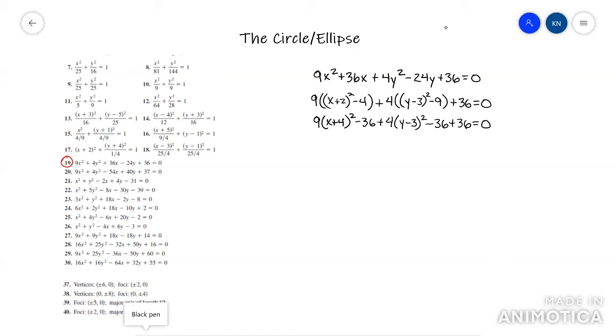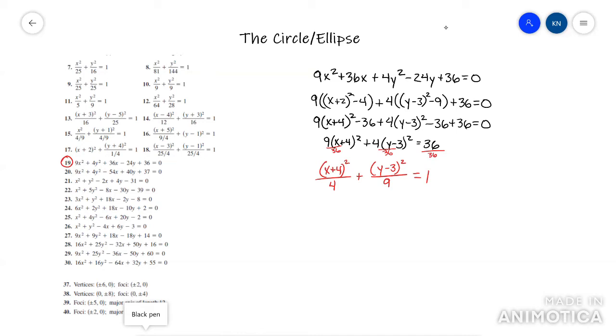I'm going to combine my like terms and move them to the other side. I'm going to divide by 36 and reduce to have my final equation in standard form. I got that because I was dividing all of these by 36.